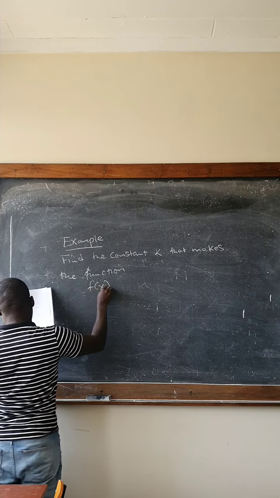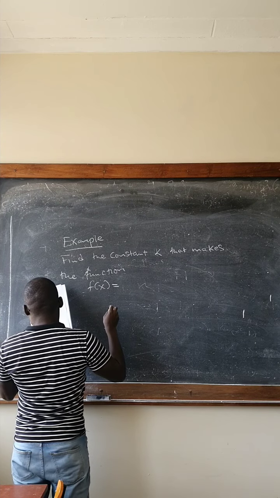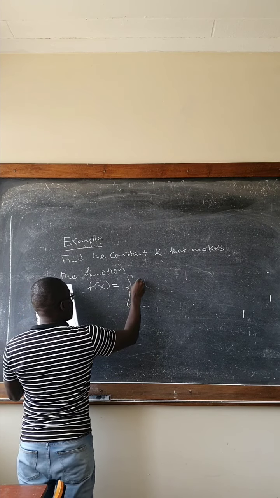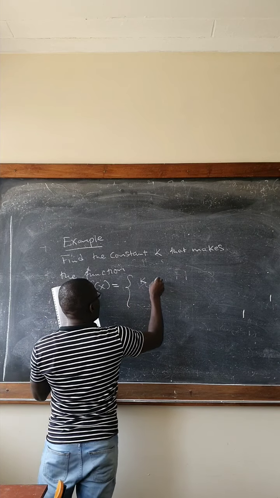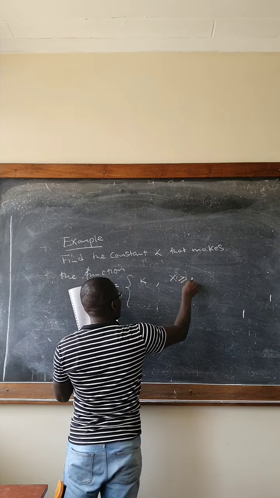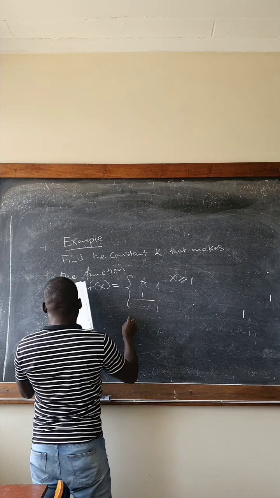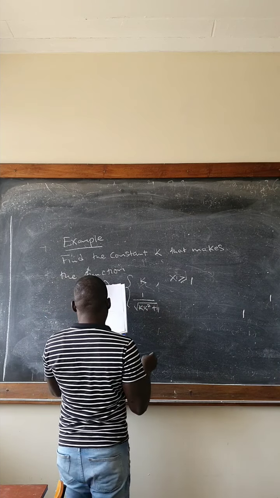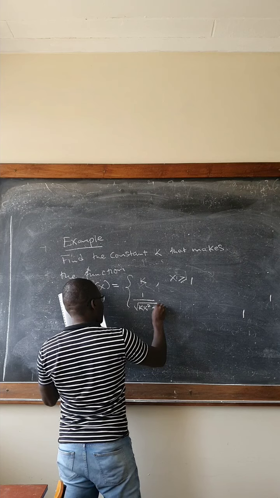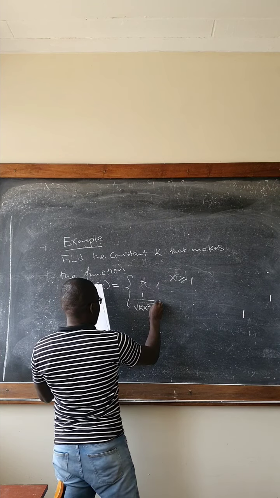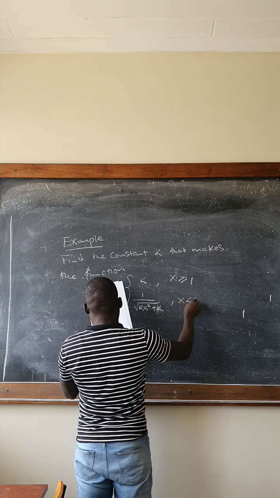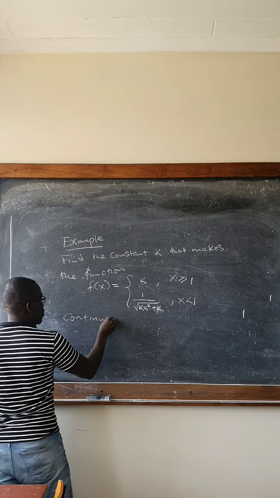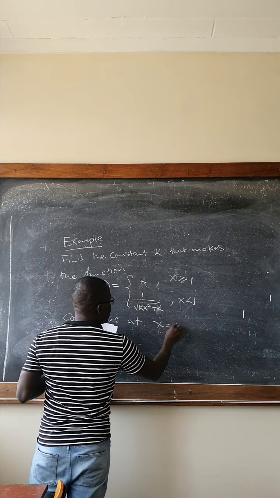f of x, which is equal to k for x greater or equal to 1, and then 1 out of root kx squared plus k for x less than 1, continuous at x is equal to 1.